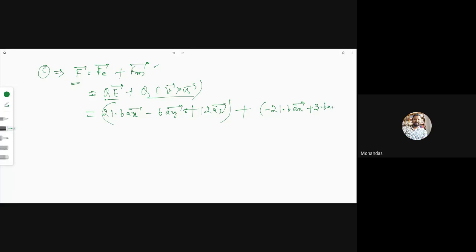Component by component. The component of this vector is 21.6 AX minus 21.6 AX. Magnitude same, but the negative sign, so the AX component will be 0. Next, here the component of AY is 3.6 and here it is minus 6.